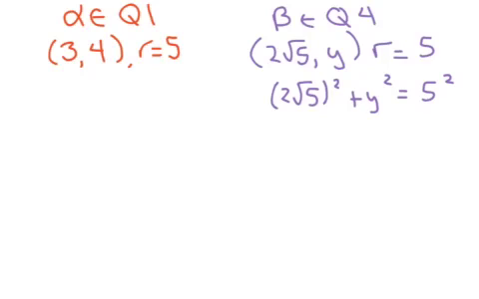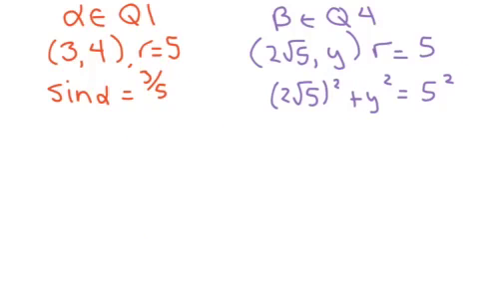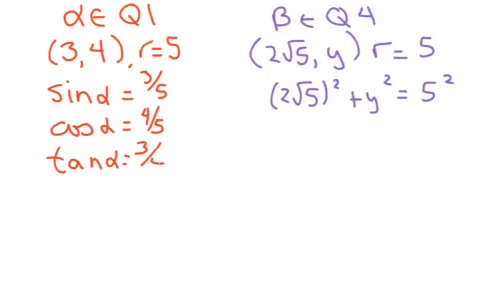Okay, so we have sine of alpha. Sine of alpha is 3 over 5, I believe. Let's check. Yep, 3 over 5. That means cosine of alpha is 4 over 5, and tan of alpha equals 3 over 4.